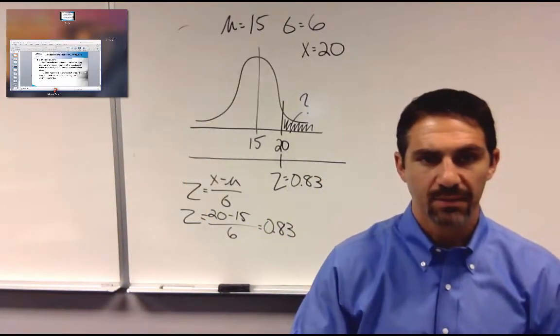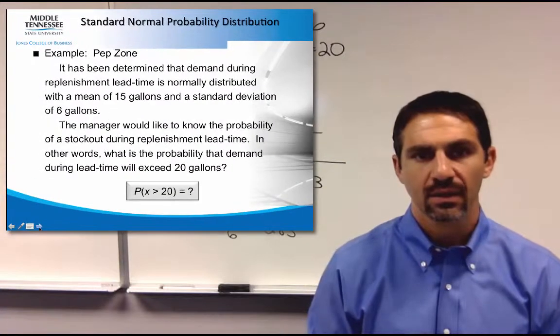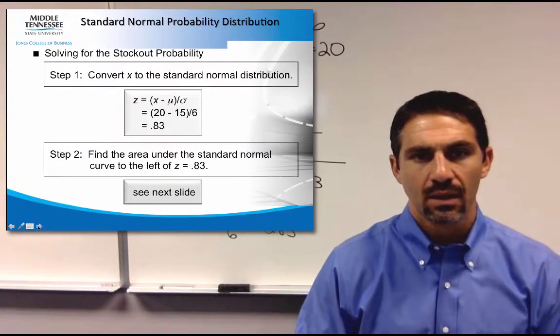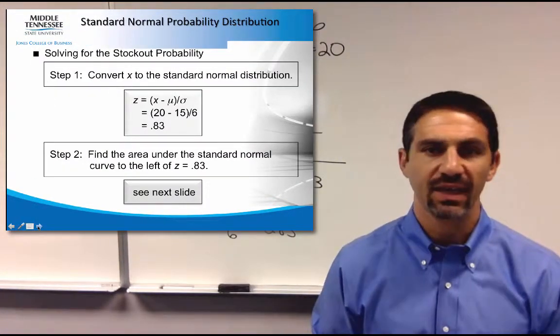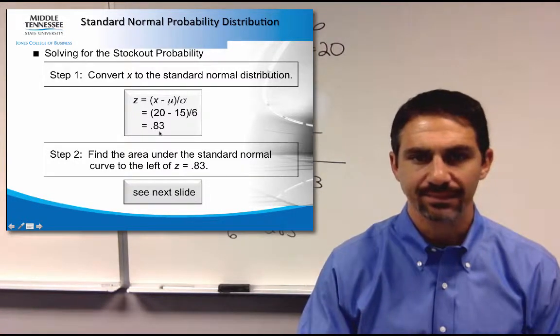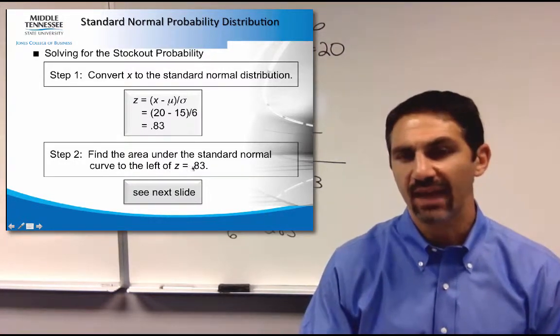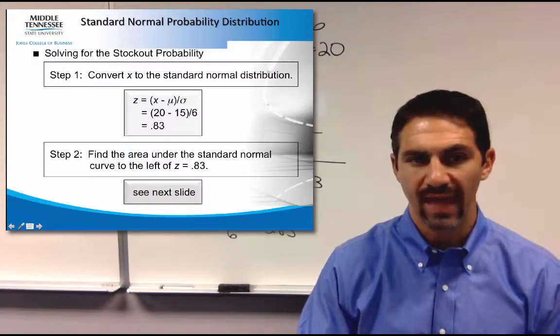So let's see if we got our numbers correct. There we go. 20 minus 15 divided by 6 gives us 0.83. And now we need to find the area that corresponds to 0.83.